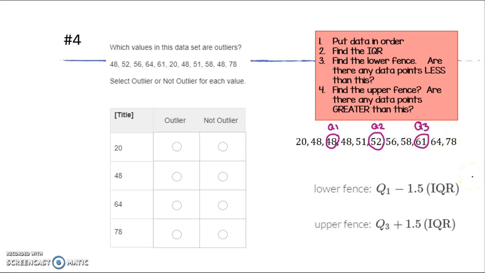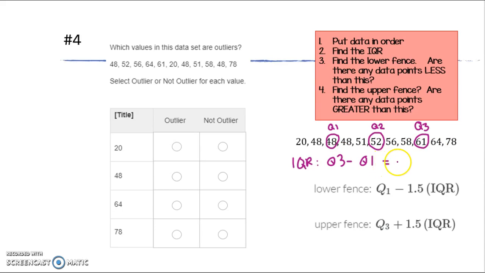And now I'm going to use my fences to determine if I have any outliers. Your lower fence is going to be Q1 minus 1.5 times the IQR. Your IQR is equal to your upper quartile, Q3, minus your lower quartile, Q1.